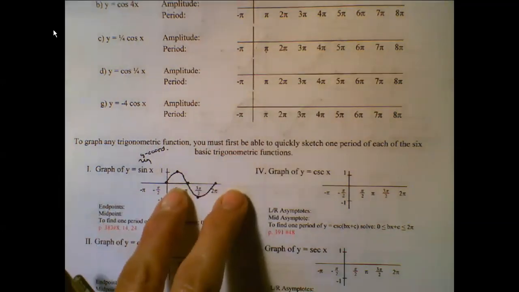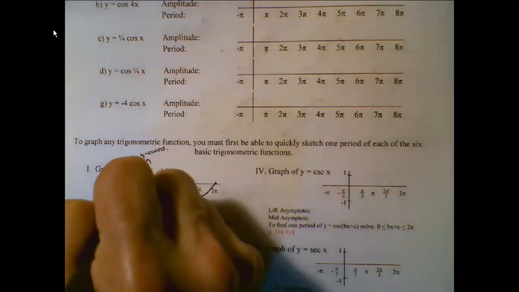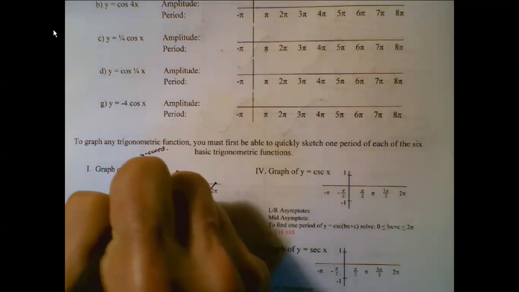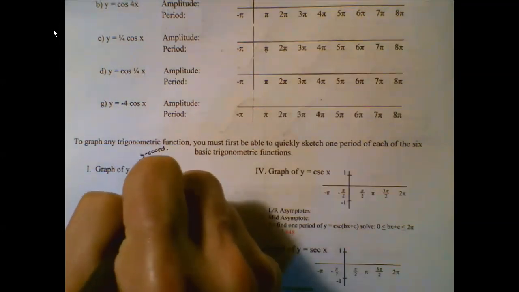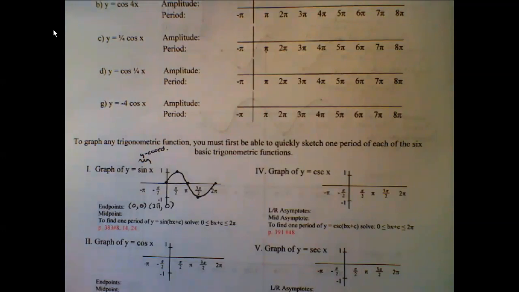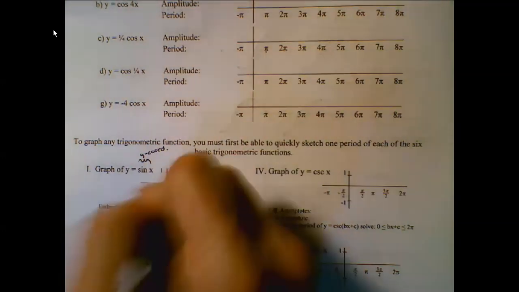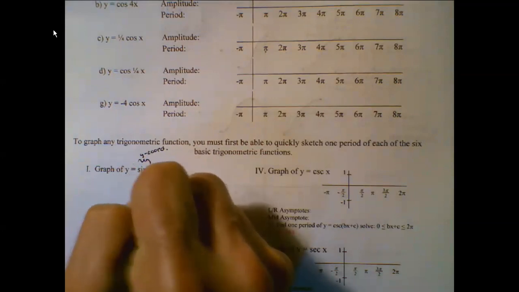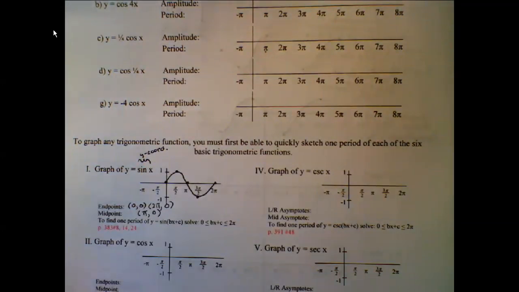So for that 1 period, I'm going to say the endpoints are at 0, 0, and at 2 pi, 0. And the midpoint, halfway between 0 and 2 pi, is 1 pi, and sine of pi is 0.